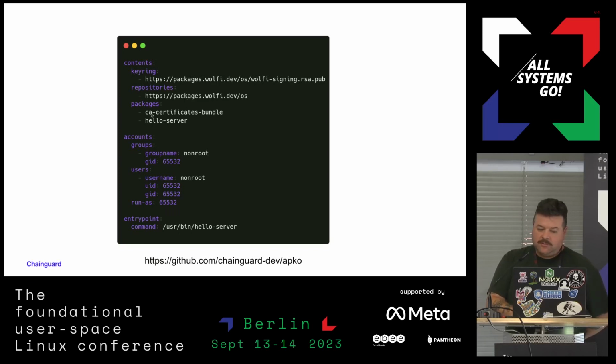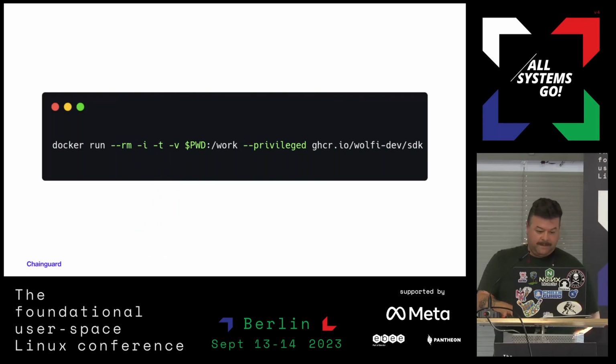And here you also tell the packages you are going to need. In this case, for example, it's the CA certificate bundle and the reload server, which is the application you just built. And below, you specify the groups and users and the runtime, which are the groups and users that are going to run in your image. In the end, you just say the entry point, and that's it.